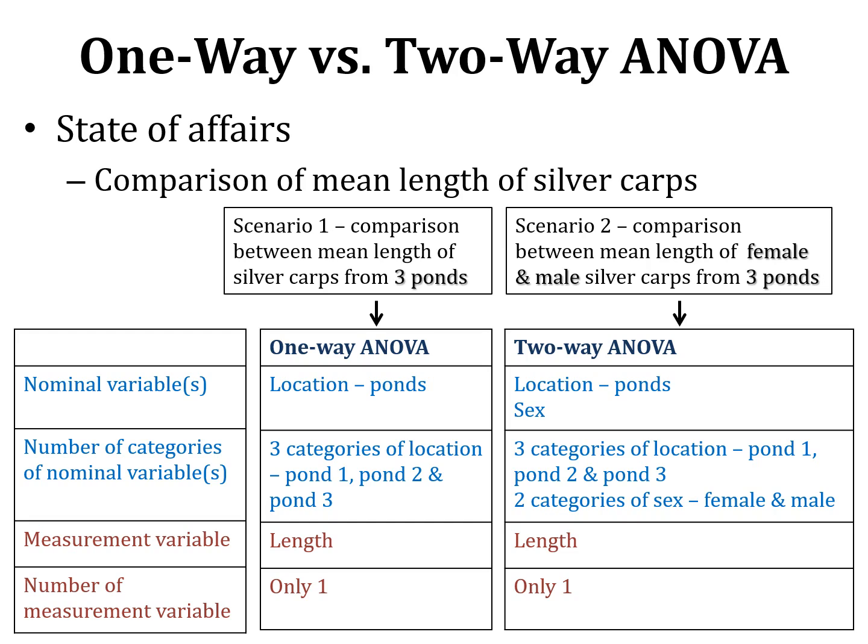So we have 3 categories of location: pond 1, pond 2, and pond 3, and we have 2 categories of sex: female and male. And the measurement variable is only one, which is length. In this case we are going to see the mean difference between the length of the silver carps by their location and by their sex, and we can also see the interaction effect of these 2 variables.